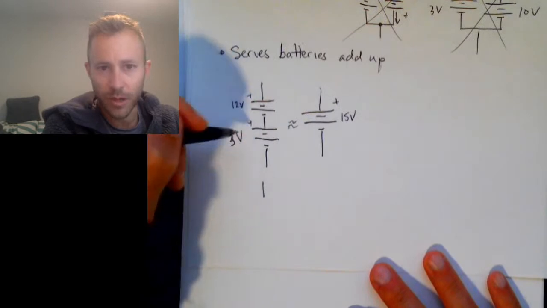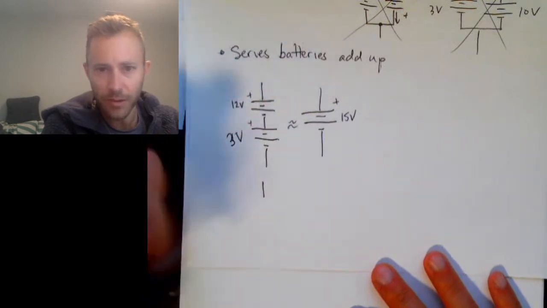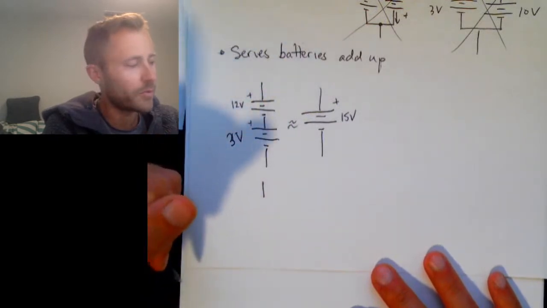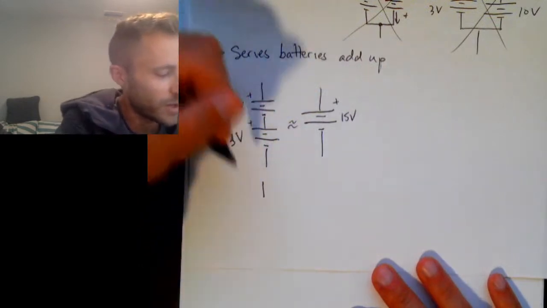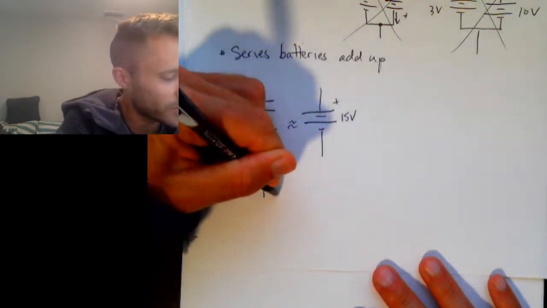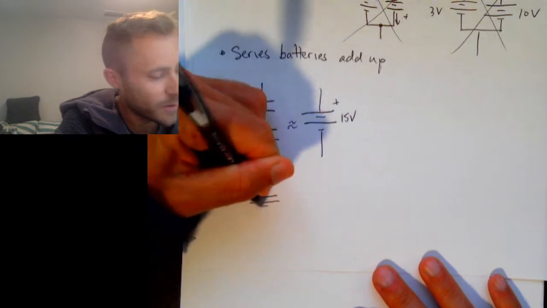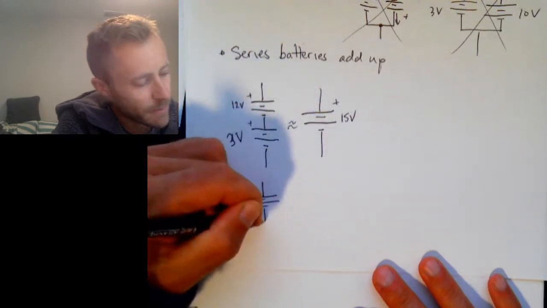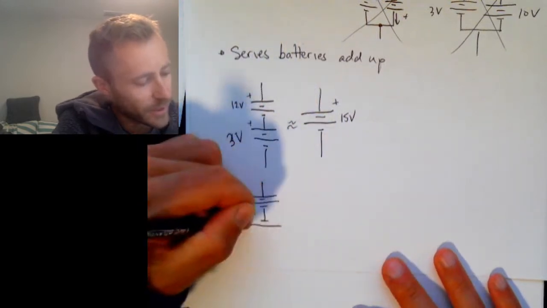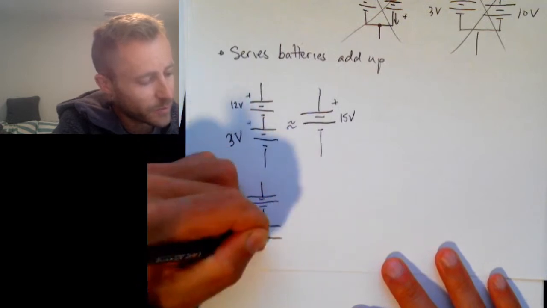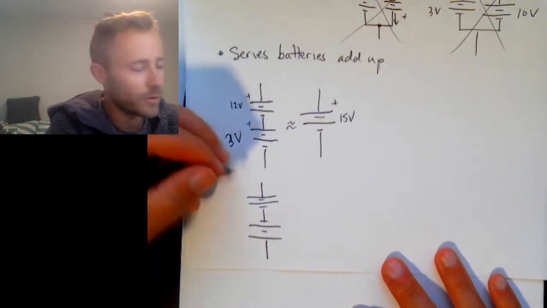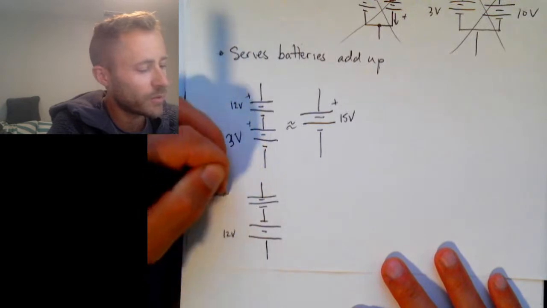So normally you connect positive to negative if you have batteries in series, but if you didn't do that, you could do something like this. It would be really stupid, but here I'm connecting negative terminal to negative terminal of the batteries. So maybe this is 12 volts and this is 3 volts.